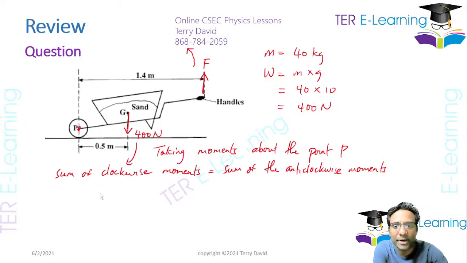We only have the 400 newtons acting in a clockwise direction. So that's 400 multiplied by 0.5, equal to F multiplied by 1.4.